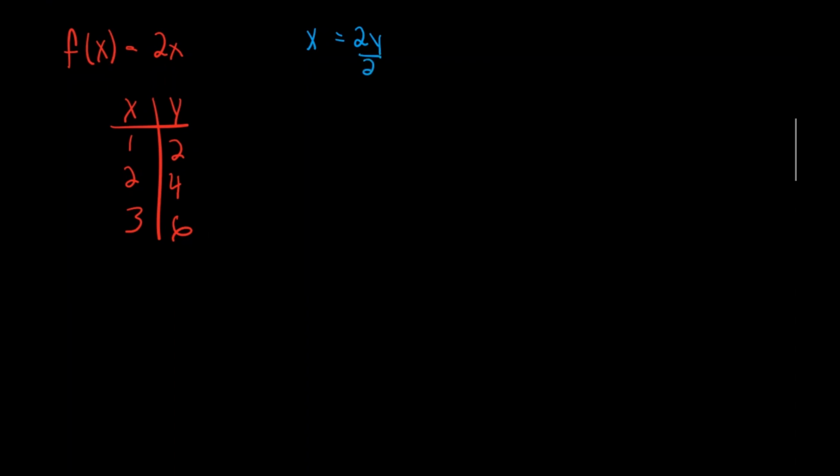We're going to divide both sides by 2, and then we're left with y is equal to x over 2. However, we want to distinguish this y from this y, so we're simply going to change the notation as f inverse of x is equal to x over 2.